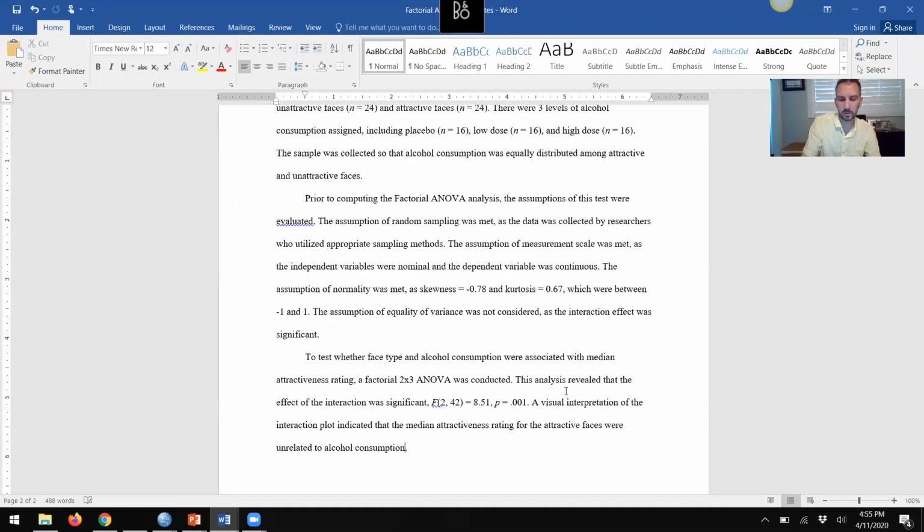But the unattractive... well, actually, I'm going to write this in the same format. But the median attractiveness rating for the unattractive faces was strongly related to alcohol consumption.